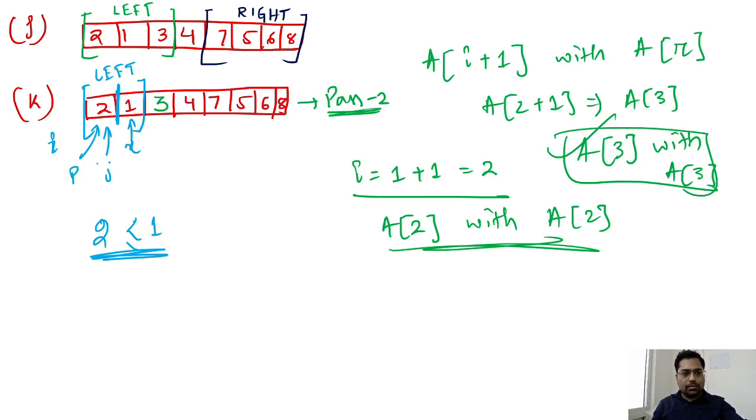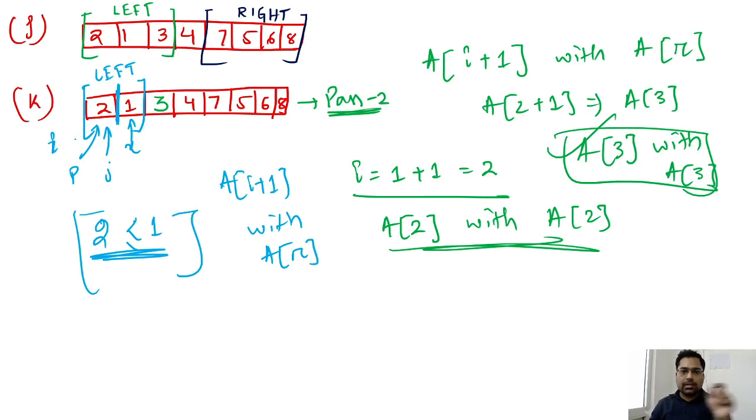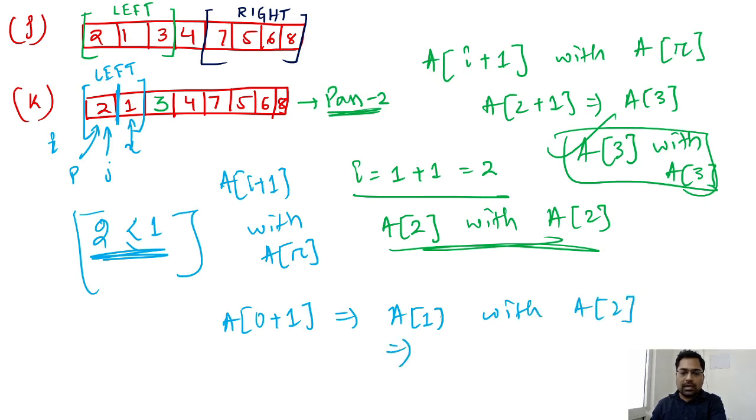The for loop ended here, and once the for loop has ended, we swap A of I plus 1 with A of r. I was previously 0, now 0 plus 1, which is 1, A of 1 with A of r, which is A of 2, meaning exchange between 2 and 1.